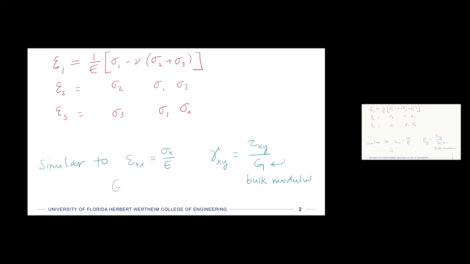The relationship is G equals the elastic modulus divided by 2 times 1 plus the Poisson ratio nu. That's how we incorporate the shear direction into this equation.